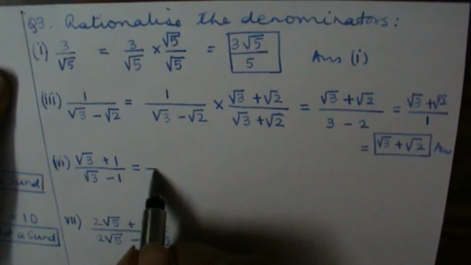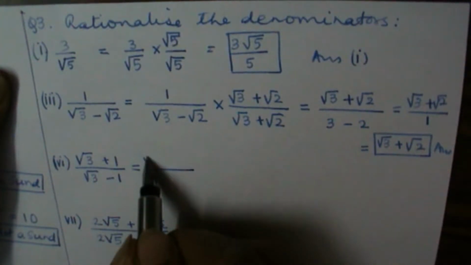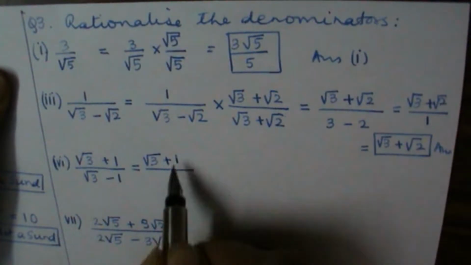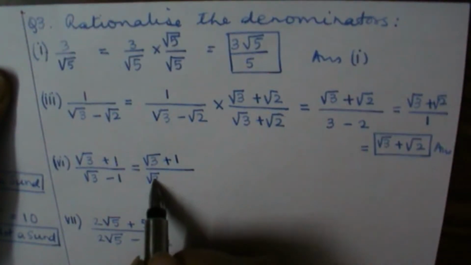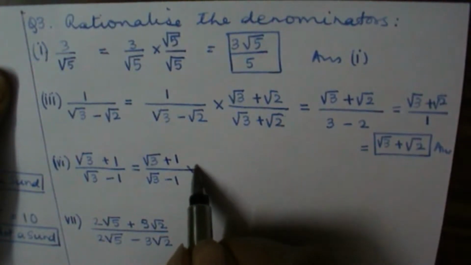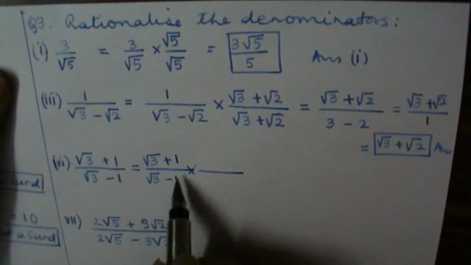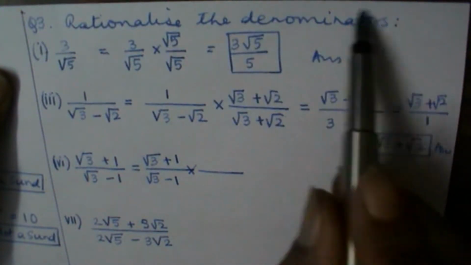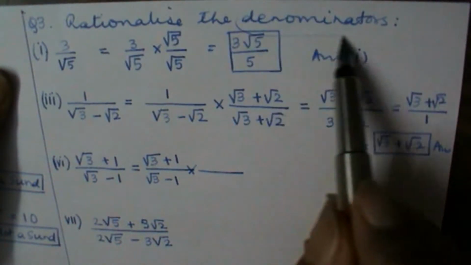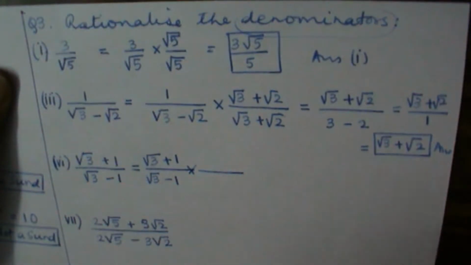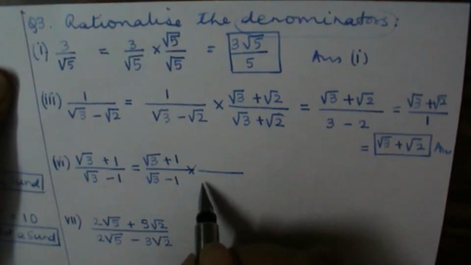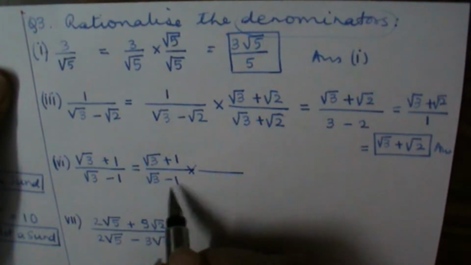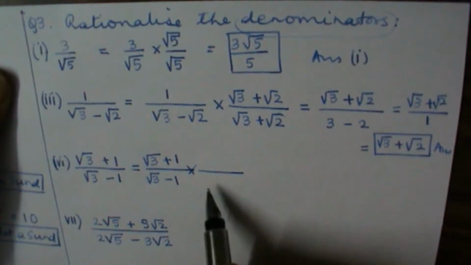Out here what we will do. The numerator is root 3 plus 1 upon root 3 minus 1, and here I will only look at the denominator because my question is to rationalize the denominator. And so, because it is a minus b, I should put a plus b.